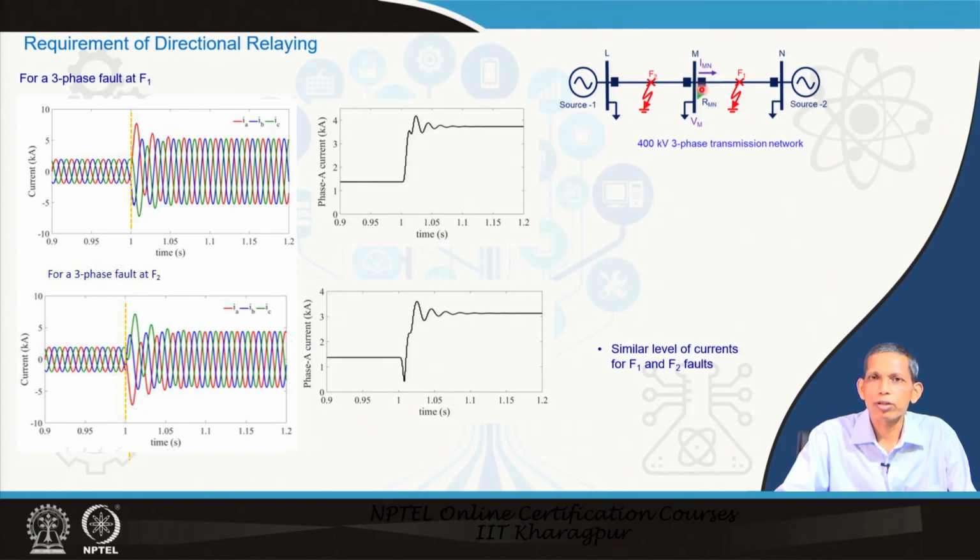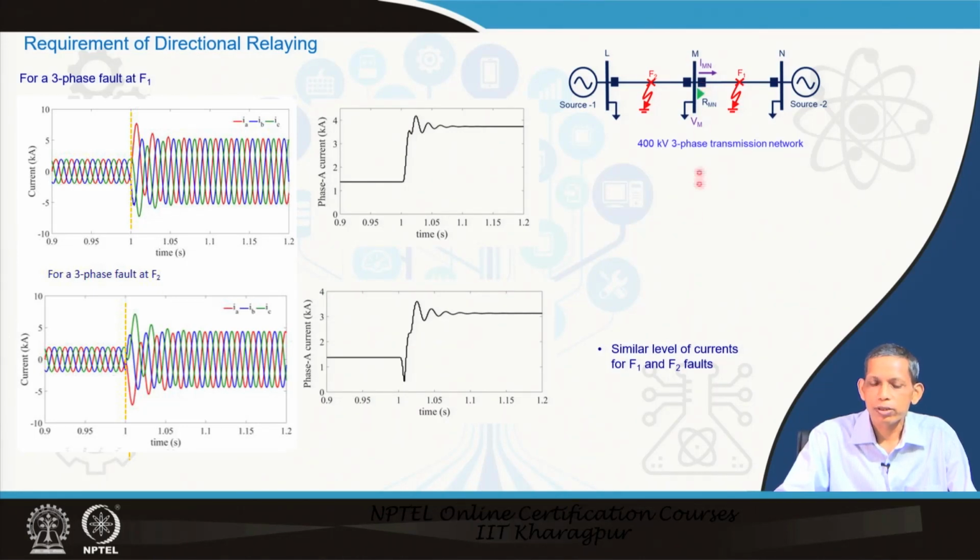Now, what we see is that the overcurrent principle has limitations here: this relay has to discriminate whether the fault is on this side or on this side. Simply, a fault is in the F1 direction or in the F2 direction, and accordingly it has to trip or not trip the corresponding breaker.